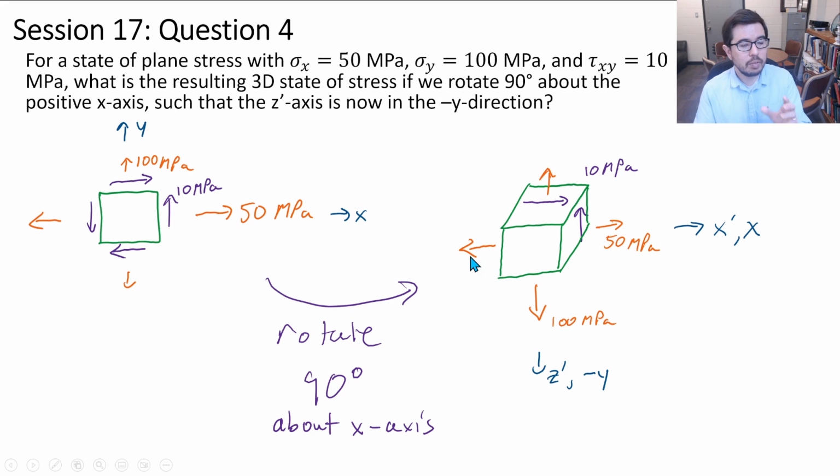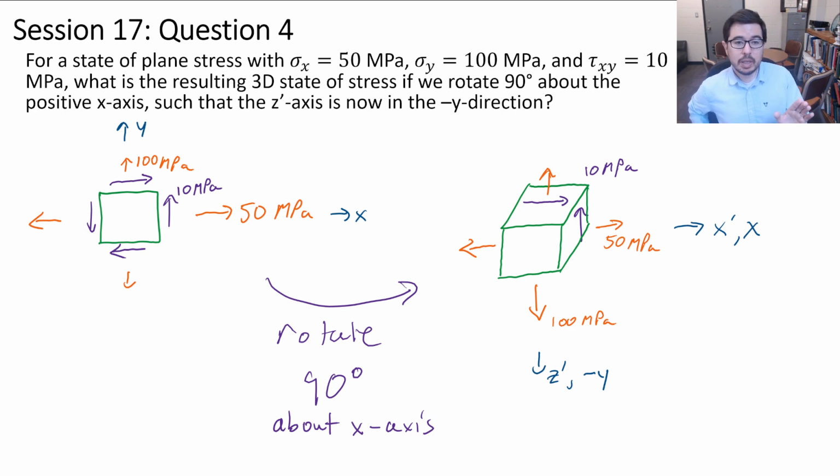And now when I rotate 90 degrees about the positive x-axis, what was z, which was originally coming out, is now facing down into the minus y. So that z prime is like this.